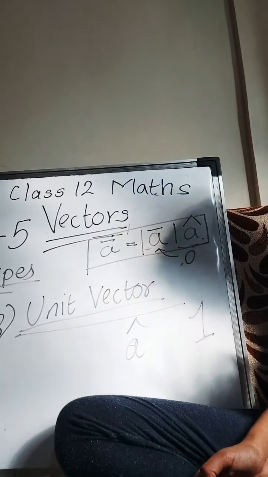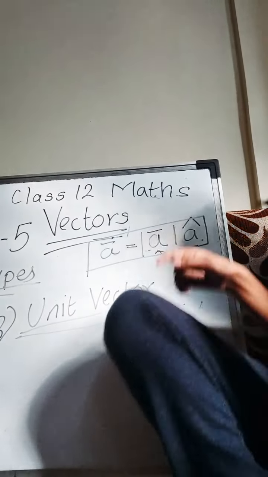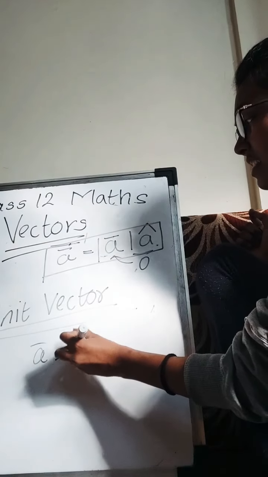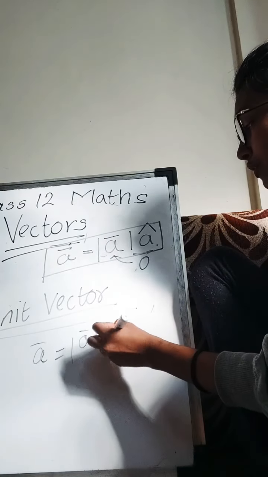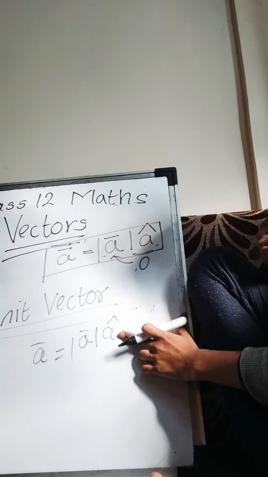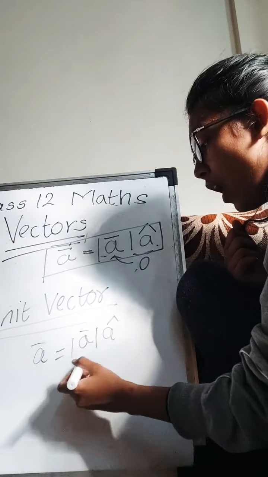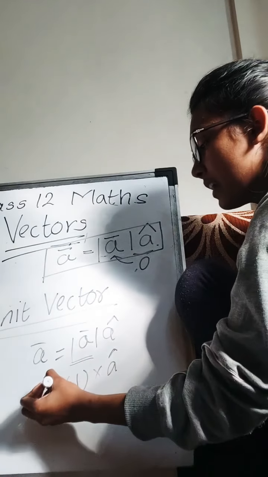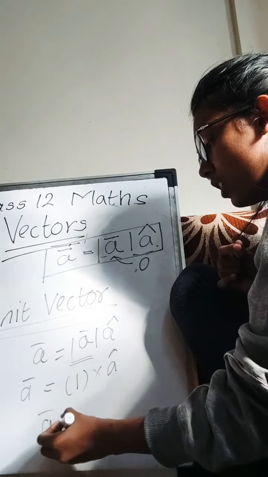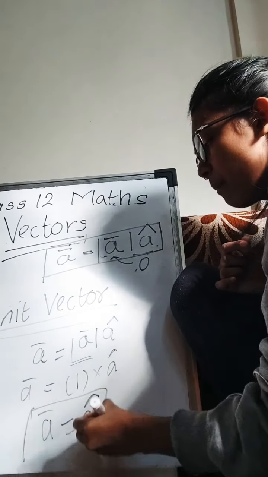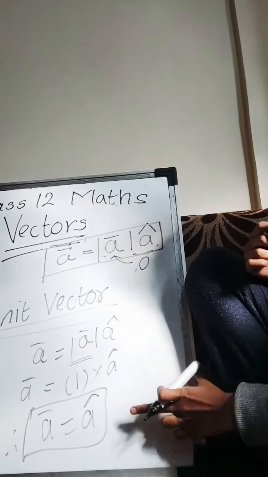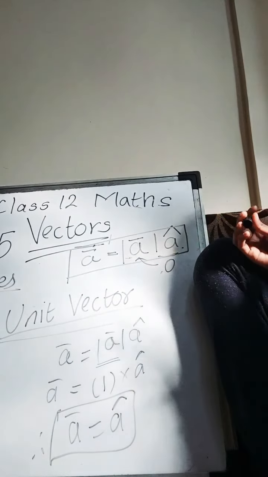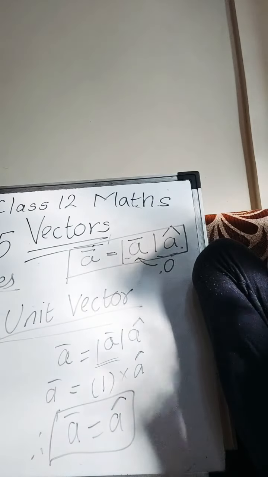Suppose this is your formula, you know it, that A bar is magnitude of A into A cap. Now if magnitude is 1, write 1 here and multiply it. What you will get? You will get A cap. So hence proof that the magnitude of a unit vector is 1. So unit vector is nothing but whose magnitude is 1. Very simple.